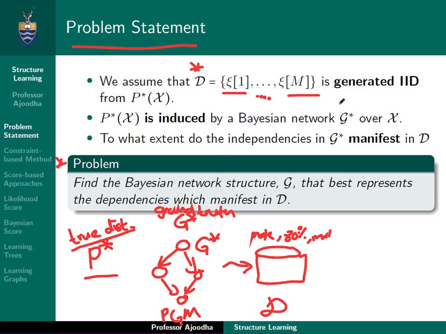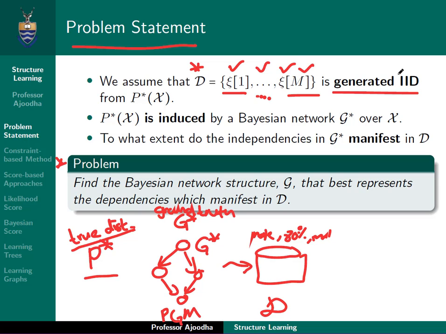An important observation here, and the assumption that we make, is that the data is generated independently and identically distributed from the ground truth network. They are independent, which means that we don't use some of the samples to generate more samples. We generate the first sample, and then independently from the ground truth generate the second sample, independently from the ground truth generate the third sample, and so on.